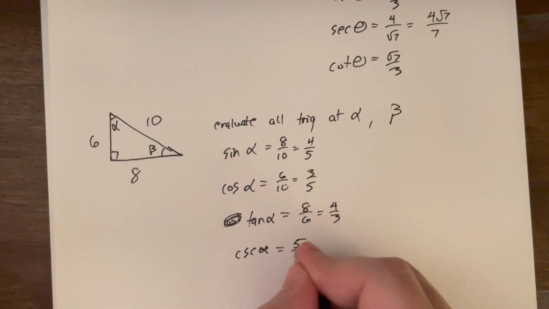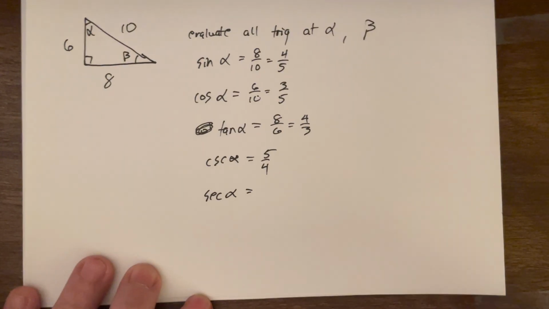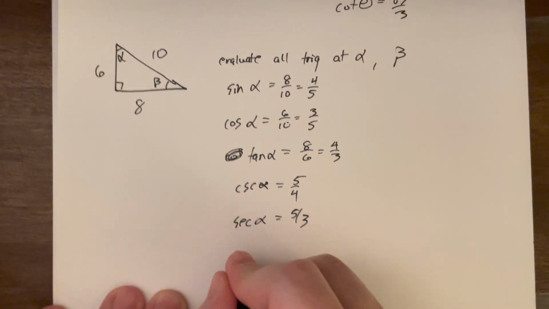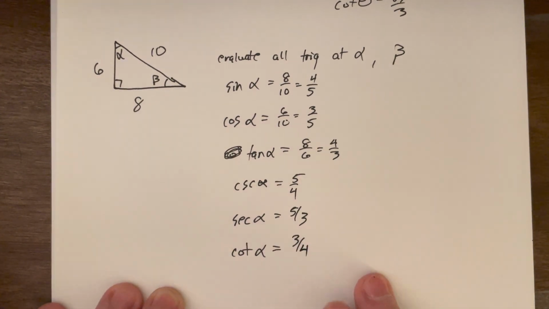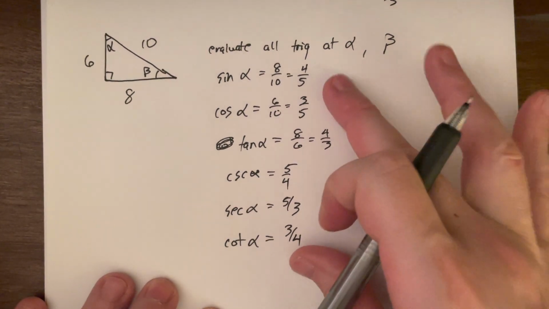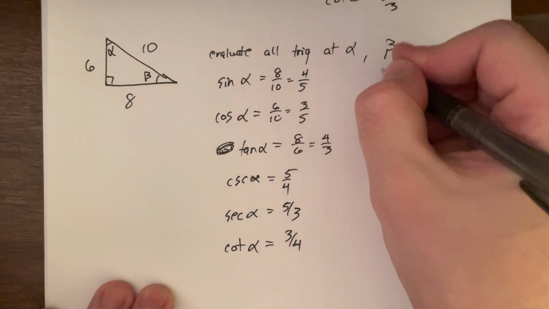Flip this, secant alpha. Flip this, and cotangent alpha, flip this. Now, like I said, I went pretty quick, so just take your time, make sure you confirm you get all the same things. Now let's take a look at beta.